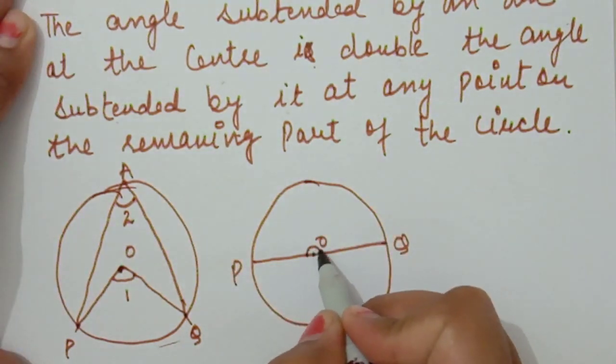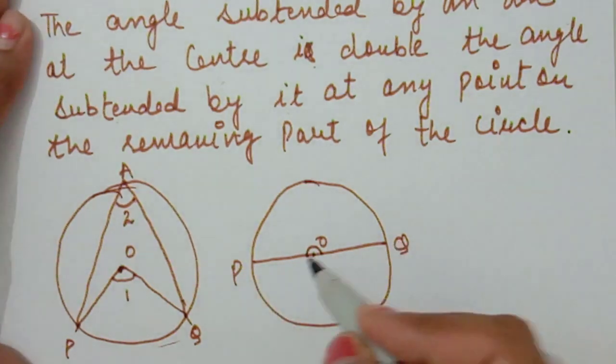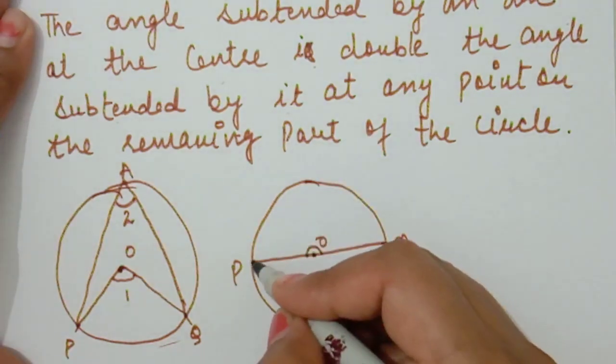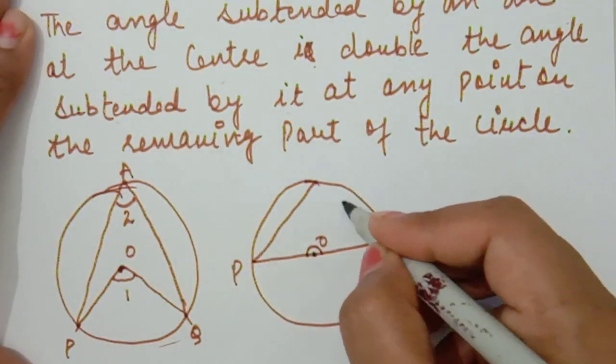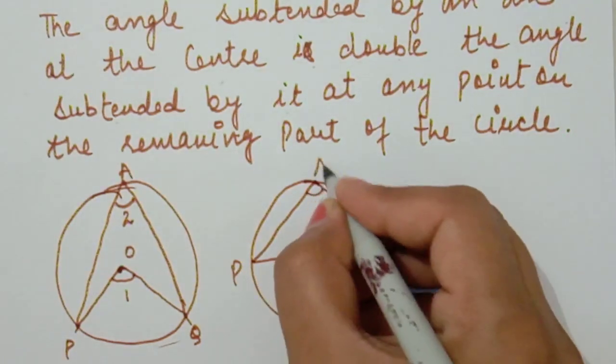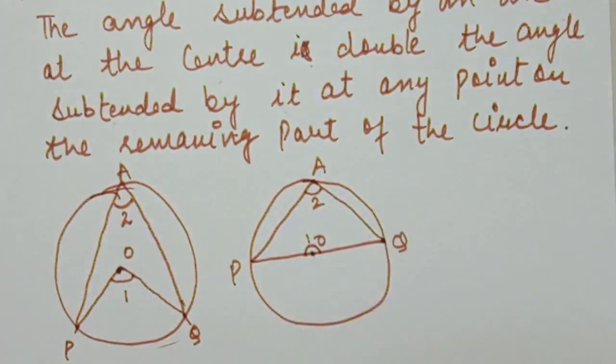This angle is made by the arc PQ at the center of the circle, and this angle is made by the arc on the remaining part of the circle. Here PQ is a semi arc. With the same labeling, angle 1 and angle 2, we have to prove that angle 1 is double angle 2.